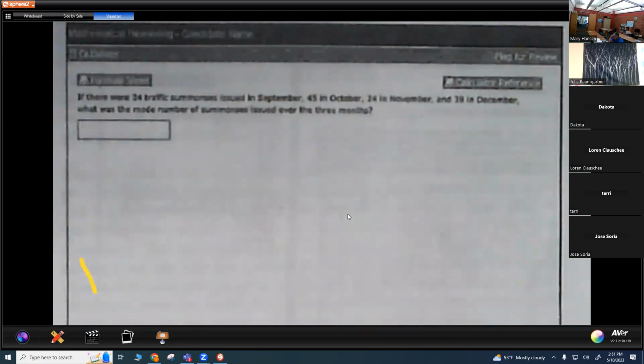If there were 24 traffic summonses issued in September, 45 in October, 24 in November, and 39 in December, what was the mode number of the summonses issued over the 3 months?